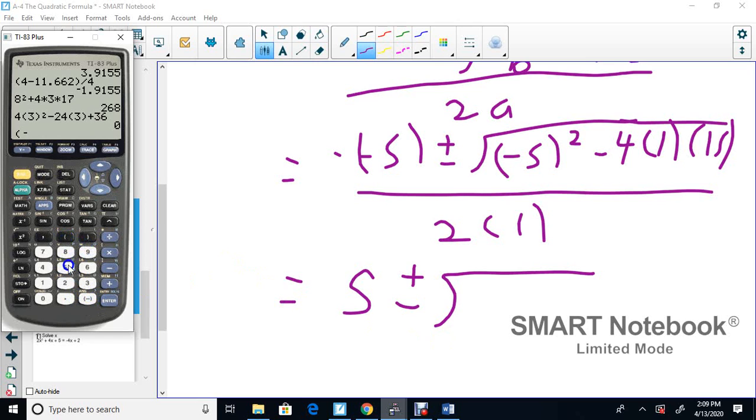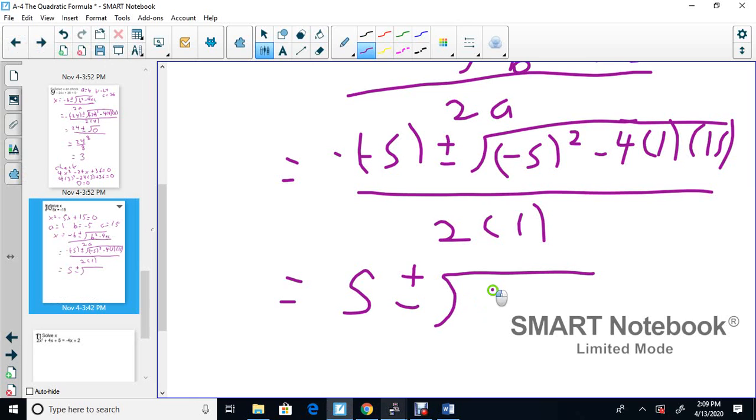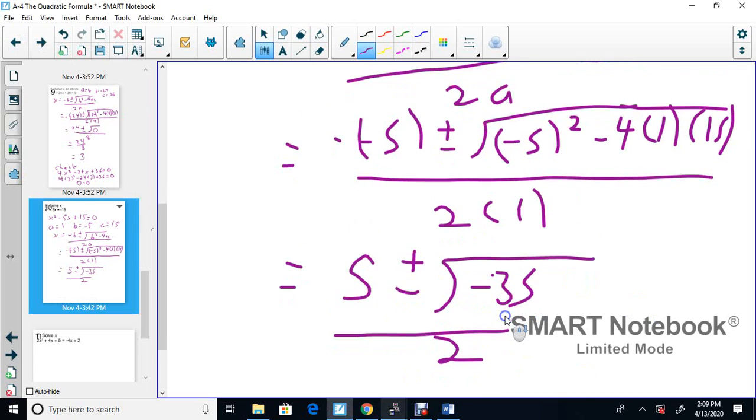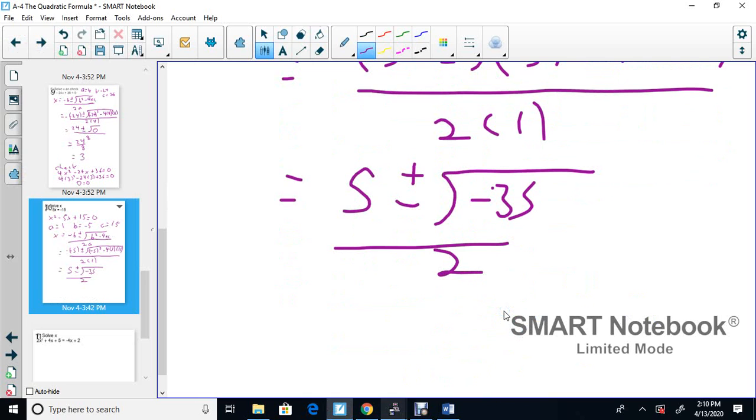So I put negative 5 squared minus 4 times 1 times 15. I get negative 35 in here. You can't do any more. You're done. You can't take the square root of negative 35. So in this particular case, there's no answer.